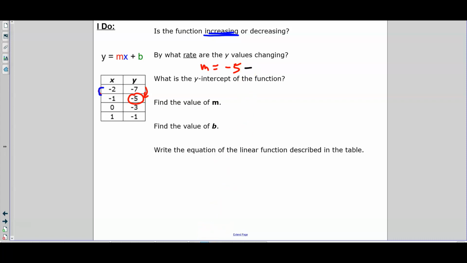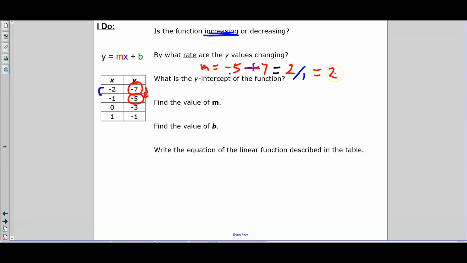So if I do a minus, and then the one above it here was -7, take a look. Negative, negative, well, that becomes a positive. So now I have -5 plus 7, which means I have a positive 2. And since -1 minus -2 is a positive 1, technically this is over 1.